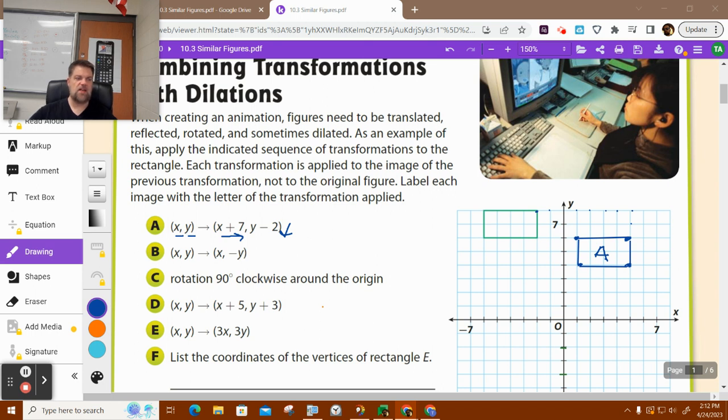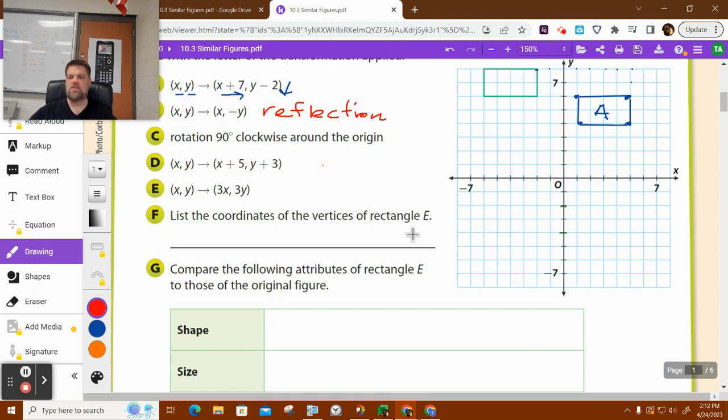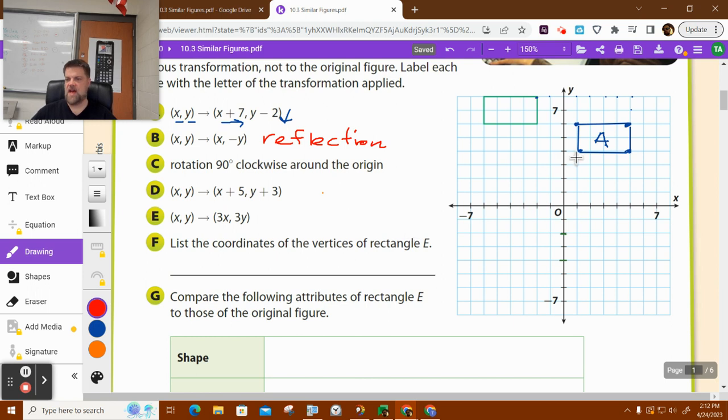Now the next one, it says we're just going to negate the y. So that is actually a reflection, isn't it, across the x-axis? So wherever there's a y value, I'm going to have the corresponding value in the opposite direction.